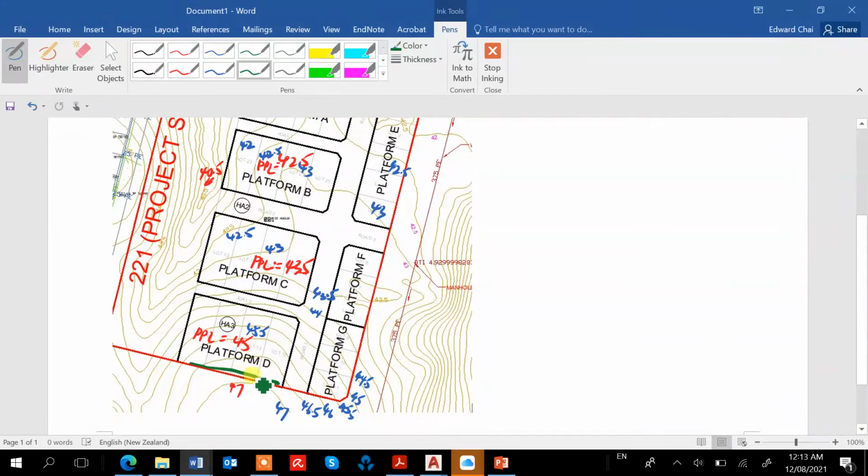We could be here, or we could be here. So they determine based on your platform level. If you have 46 and then 43.5, probably you might need to do retaining wall down here because of the drop.